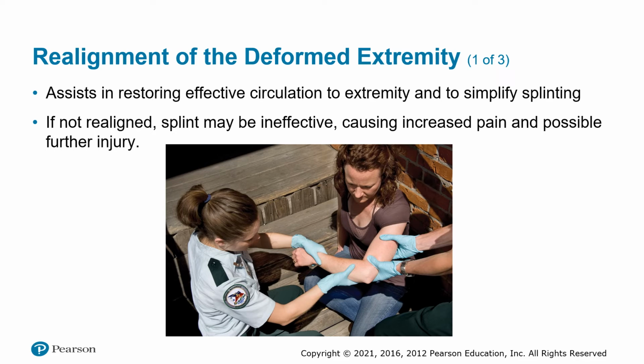So realignment. When we talk about realignment, we don't necessarily talk about putting the bone back together, even though that's what we're doing. Basically, we're going to put it in the position of function. Each joint or bone has a position of function, like the hand, the elbow, the shoulder.